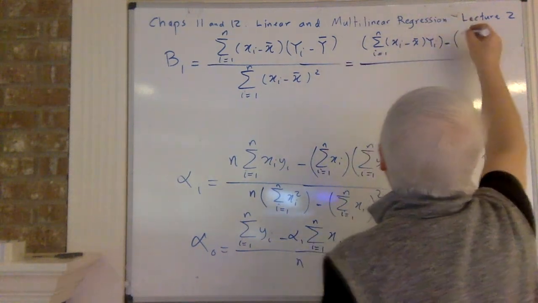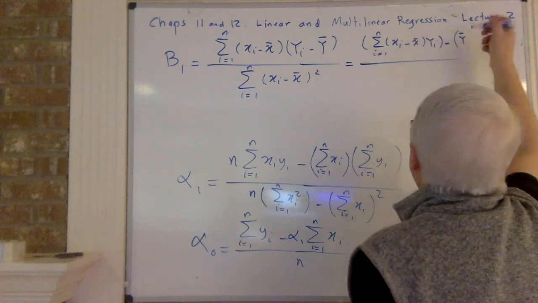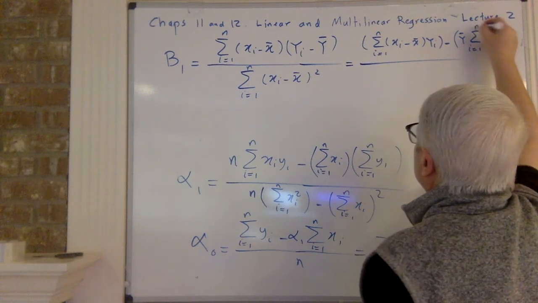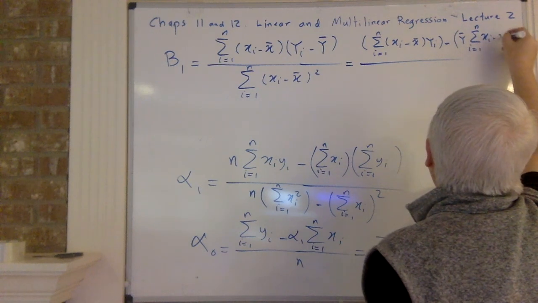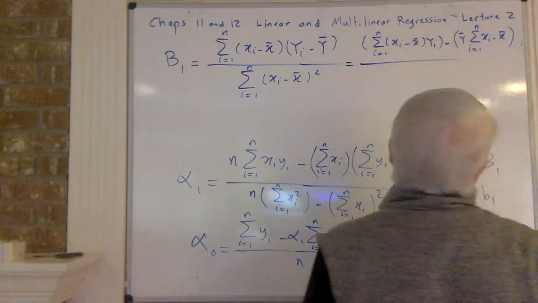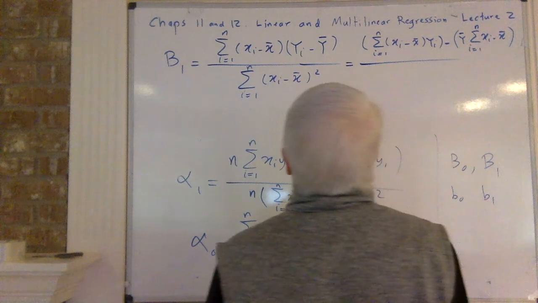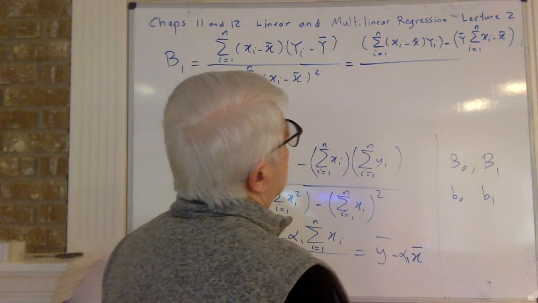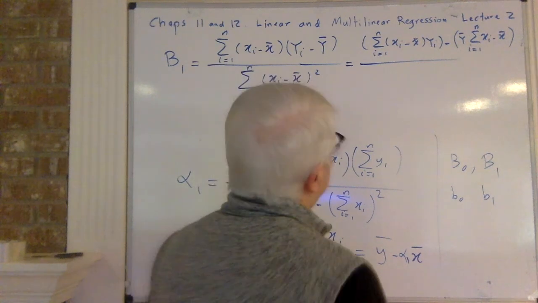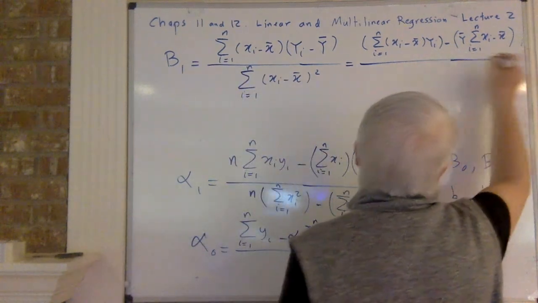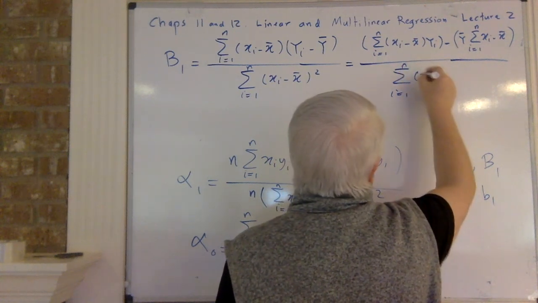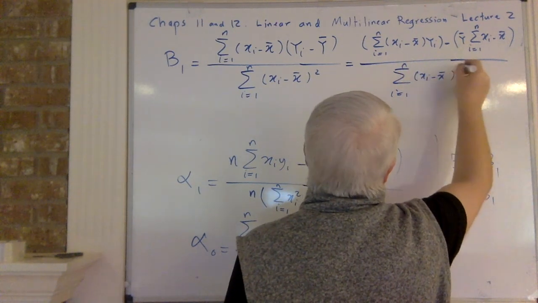This y bar is like a constant, there is no i here, so that's sigma i from 1 to n xi minus x bar times y bar. Okay. So what does the denominator stay? Denominator is simply sigma i from 1 to n xi minus x bar squared.